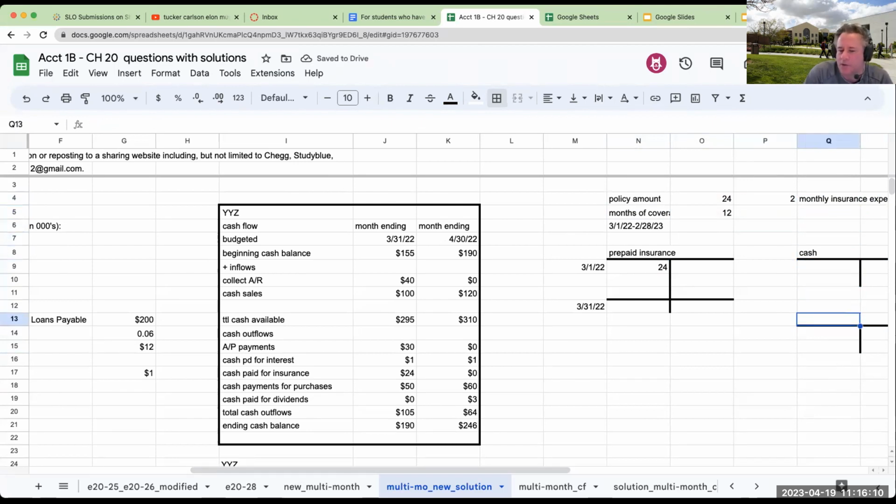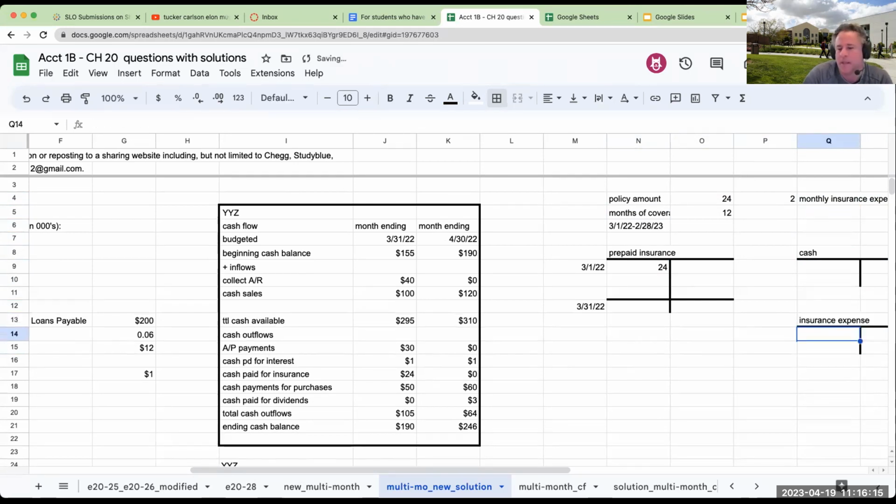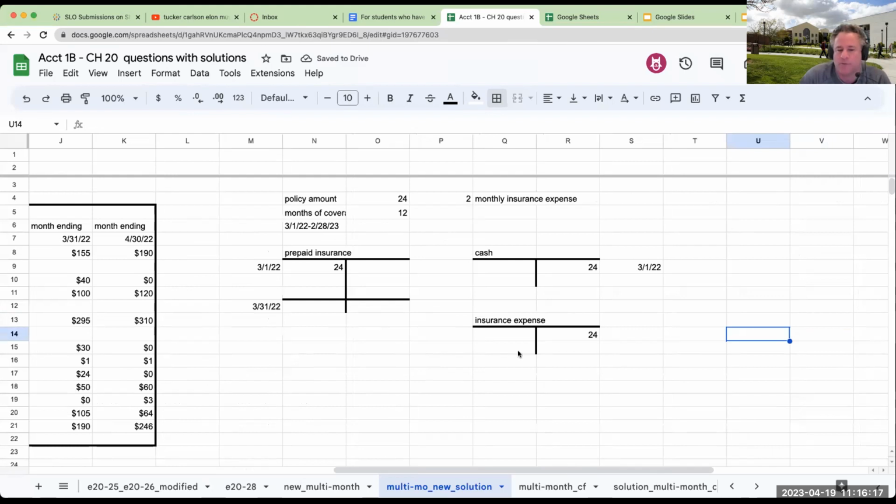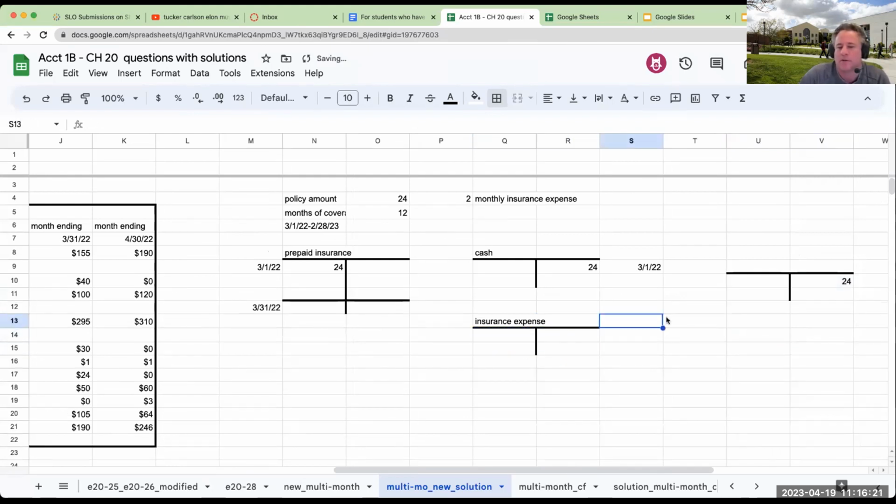So over here on my insurance expense, and again, how do I go through and record my expenses? Remember, in the T account, assets are equal to my liabilities plus my owner's equity. Expenses, revenues, Washington debit credit. I record expenses with a debit.